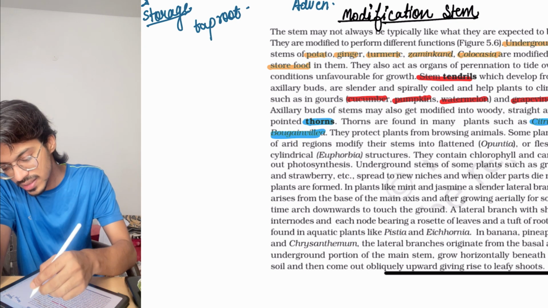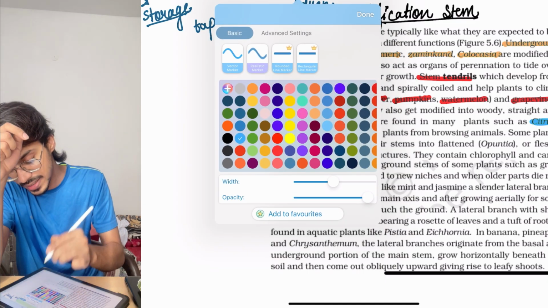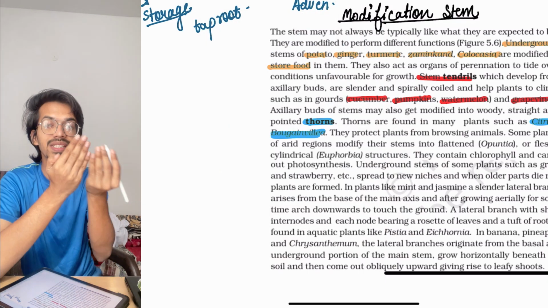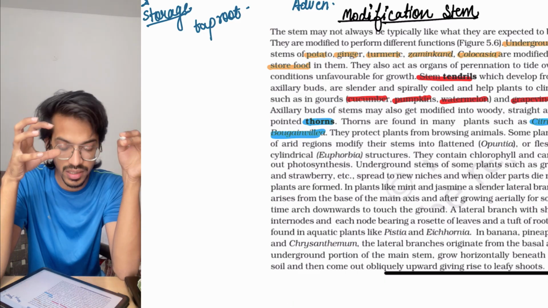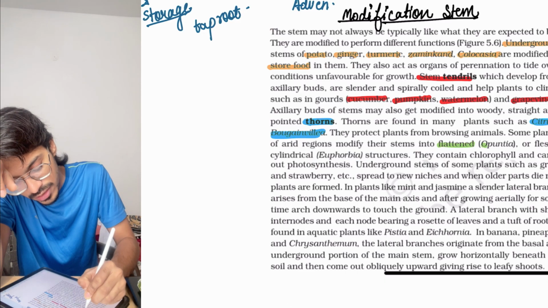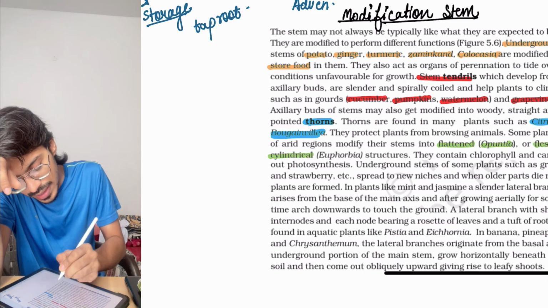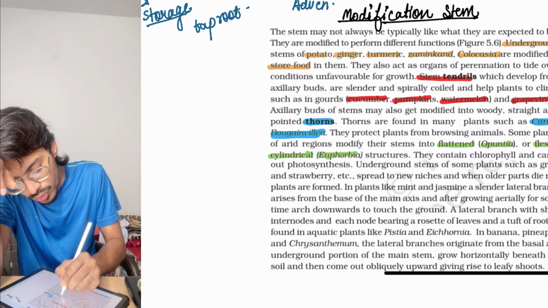The next is in certain cases the stem part becomes flaccid, which means it becomes fleshy, so it has certain storage opportunities. It is flattened in the case of opuntia, or it becomes fleshy cylindrical in the case of euphorbia.